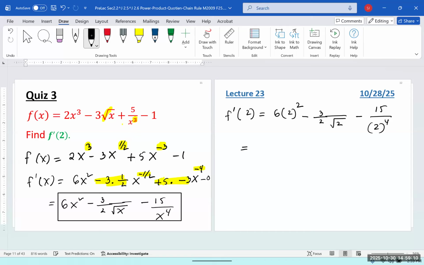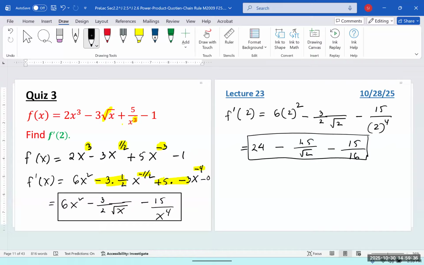So now this is extra credit for today. We have 6 times 4, 24. And this is 1.5 over square root of 2. But we don't know what square root of 2 is, so leave it alone. Minus 15 over 16. If you got at least this correct, then you get some extra points.